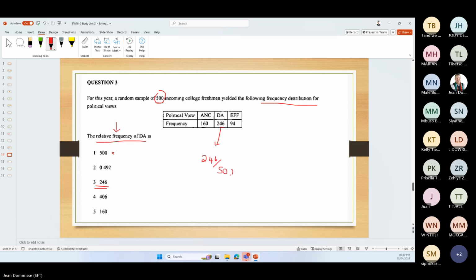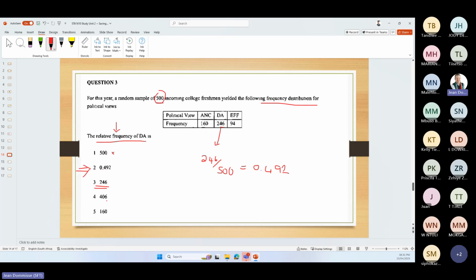So 246 divided by 500, and you can see it's old paper-based questions, is 0,492. So that would be the relative frequency.